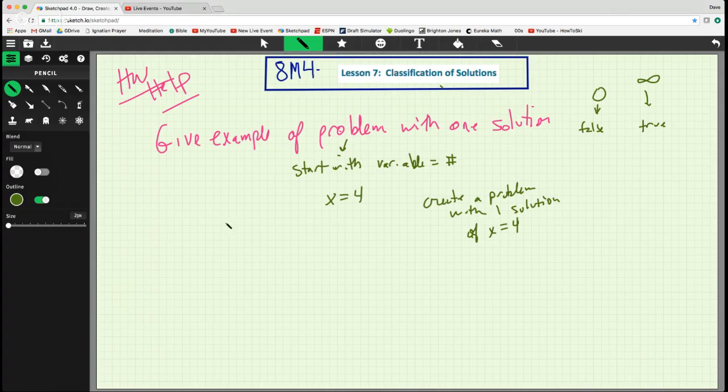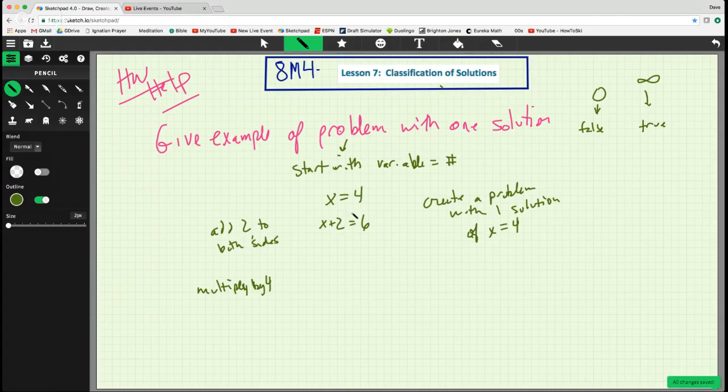So let's add 2 to both sides. Then we're going to multiply by 4. So we're going to add 2 to both sides. So this one, you can see the answer is x equals 4.